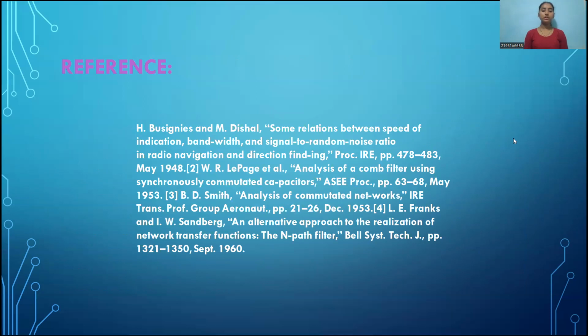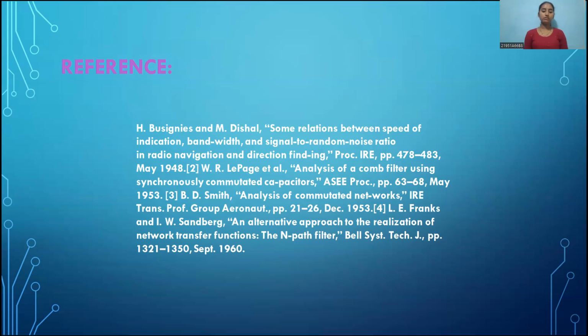References. H. Bennett and H. Dishal, Some relations between speed of indication, bandwidth, and signal to random noise ratio in radio navigation and direction finding, Proceedings of the IRE, pp. 478-483, May 1948.